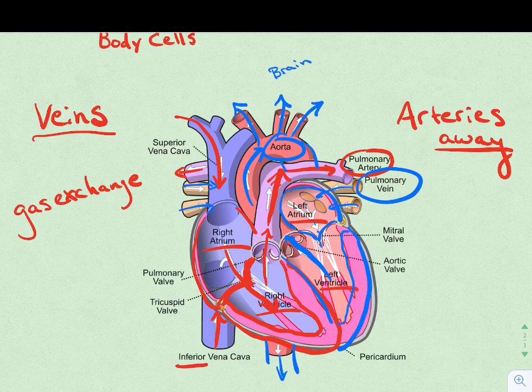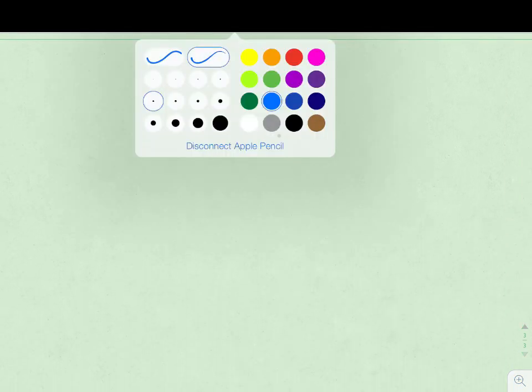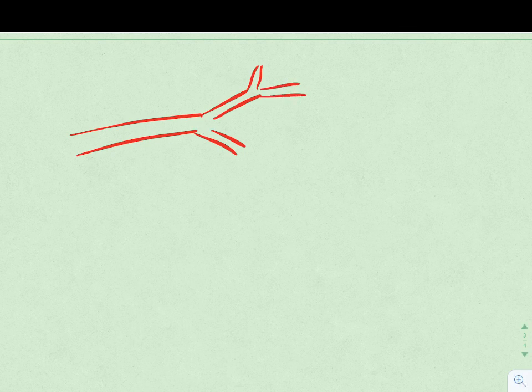If you followed these paths, they would branch on and on and on, almost like this. So you have, for example, your aorta, which is very thick, and then that branches into your arteries, and your arteries then split into smaller and smaller bits.